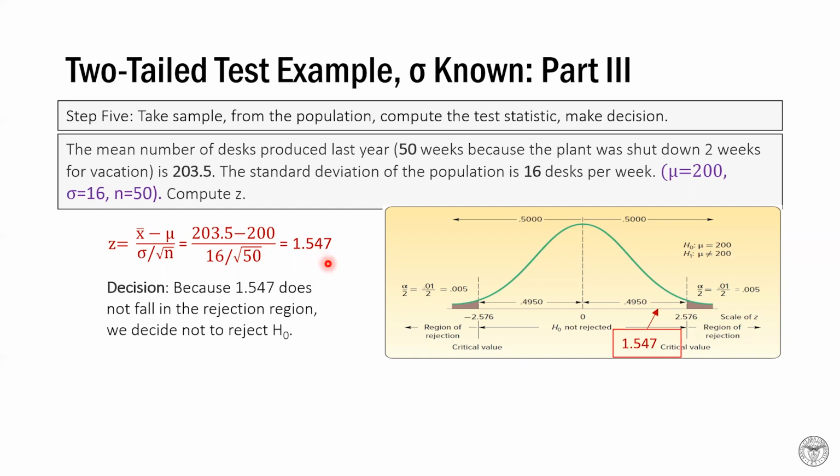Because 1.547 does not fall in the rejection region, we decide not to reject the null hypothesis H0.